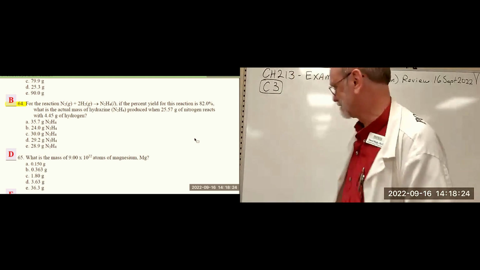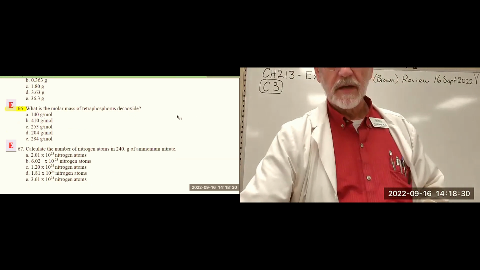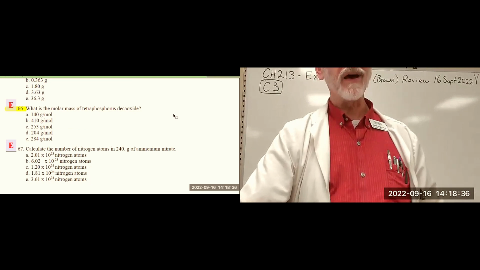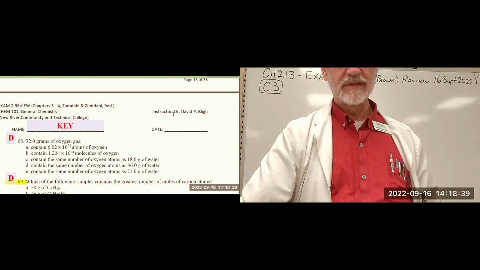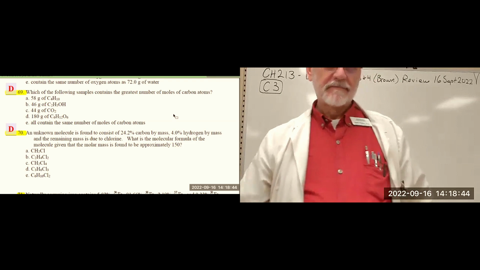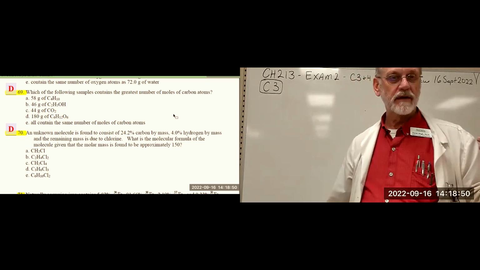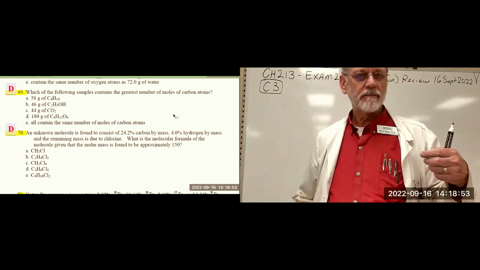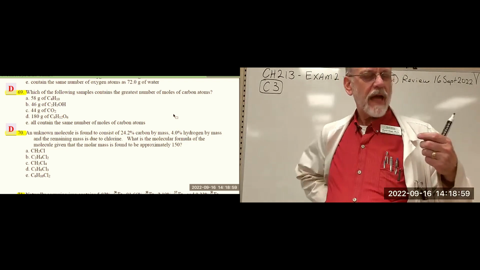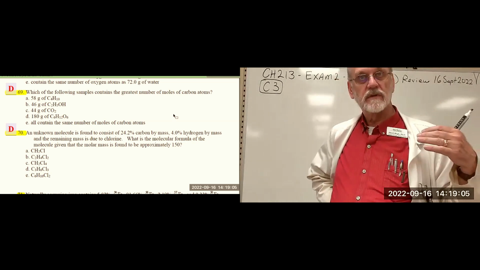Okay, all right. Tetraphosphorus decoxide, molar mass of that, used 4 phosphorus and 10 oxygens. Add them up. Greatest number of moles of carbon atoms. In this one, you have to find out first, for each one of those, how many moles of compound is each of those grams.